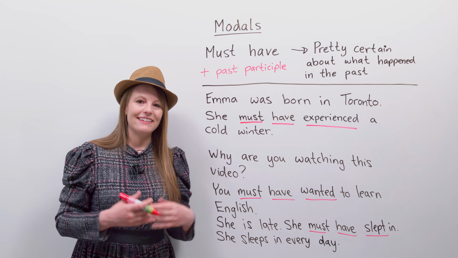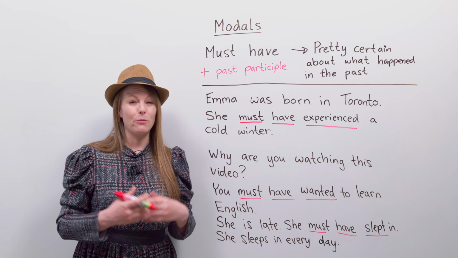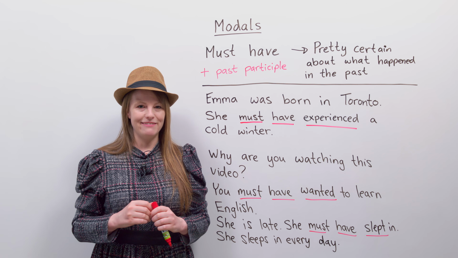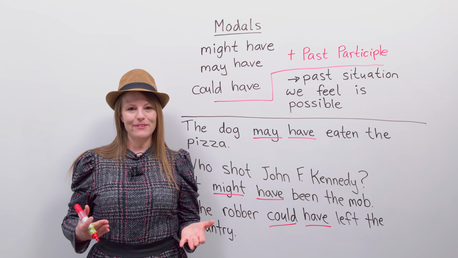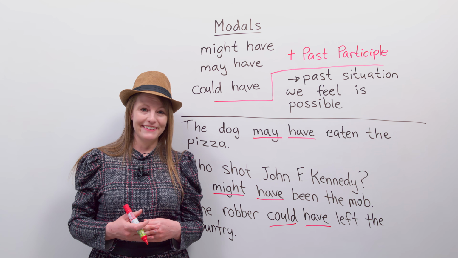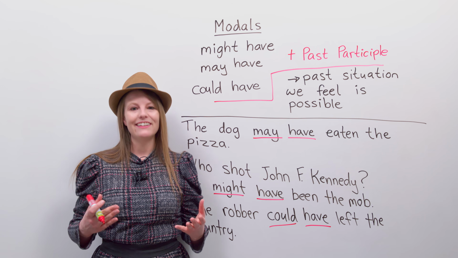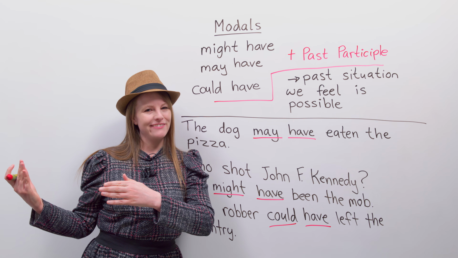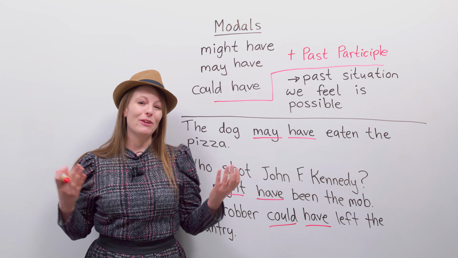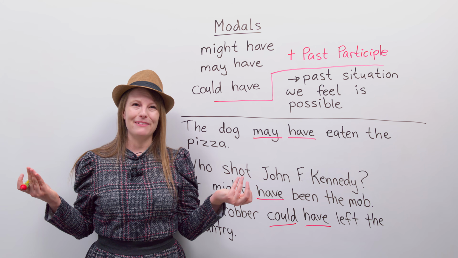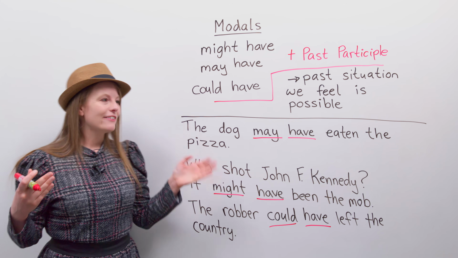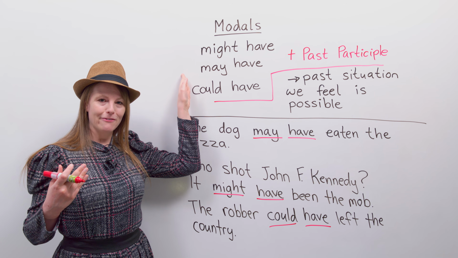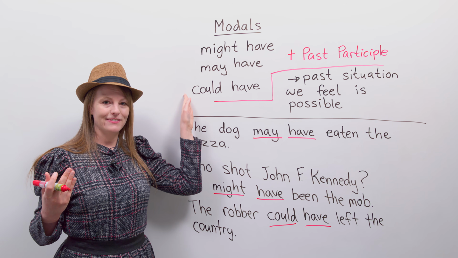Now let's look at situations where we're not so certain. There's more of a maybe. Okay, so now we're looking at modals of possibility where we are not 100% certain. We're thinking, maybe this is true. So we're going to look at might have, may have, and could have.